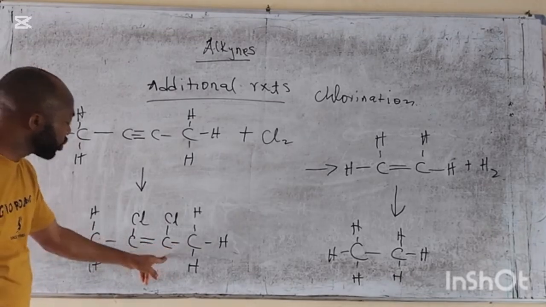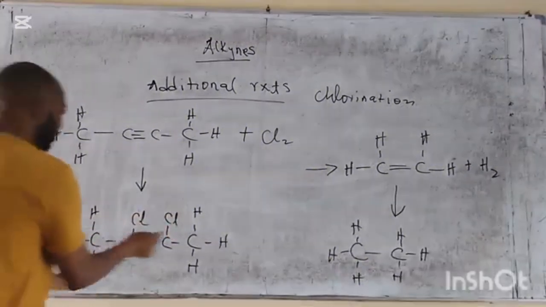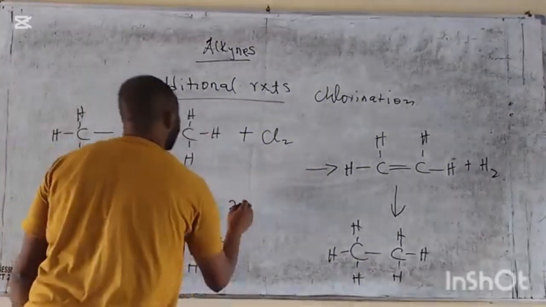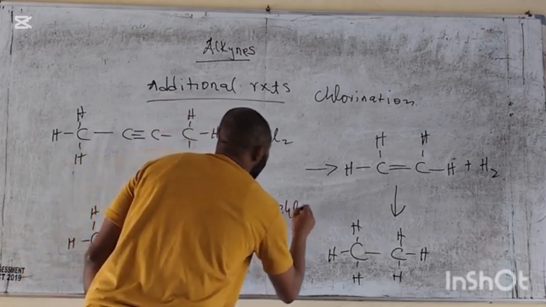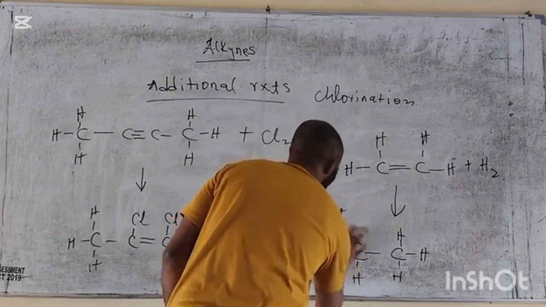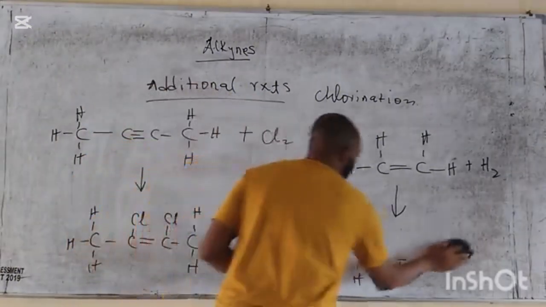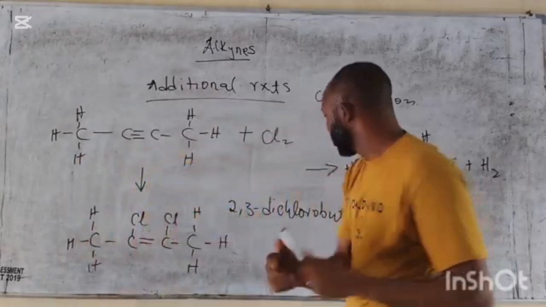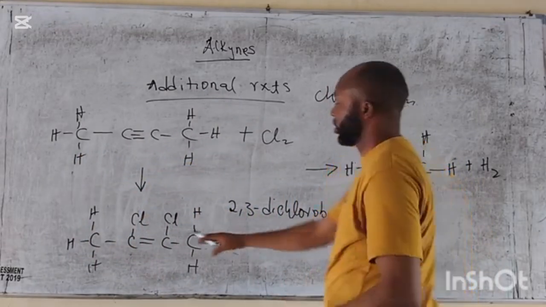So 2, 3 dichloro. Let me write it. 2, 3 dichlorobutane.